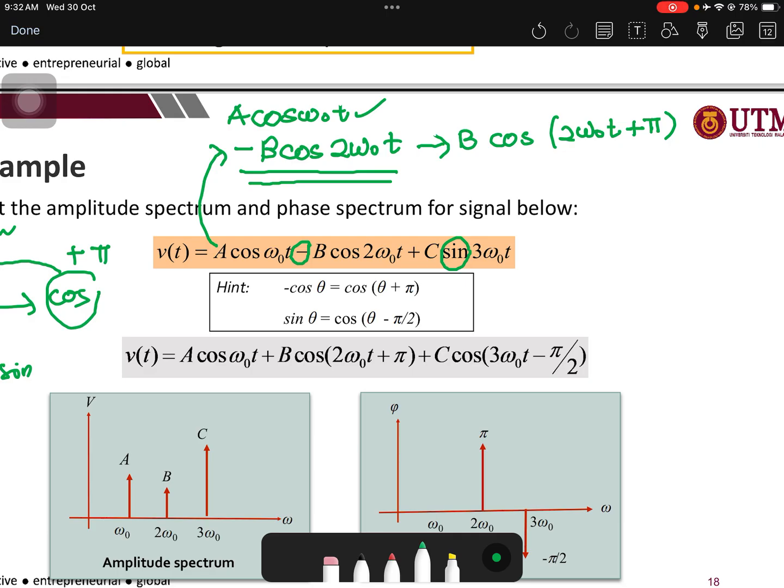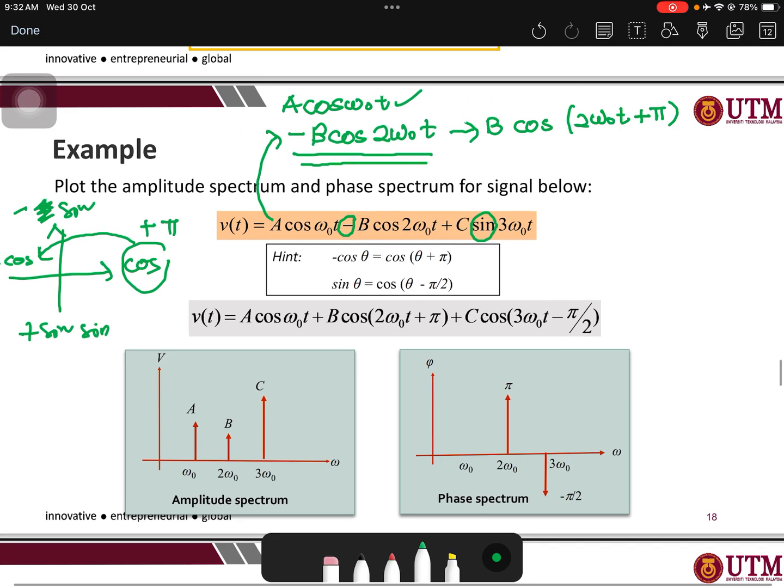Now what about the sine 3 omega t? C sine 3 omega naught t. From cos, how do we get the sine? Because now you want to represent your signal in terms of cosine.